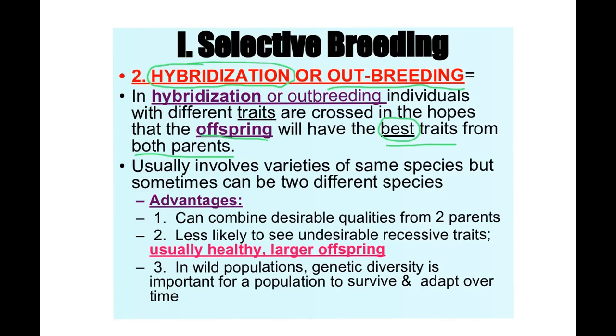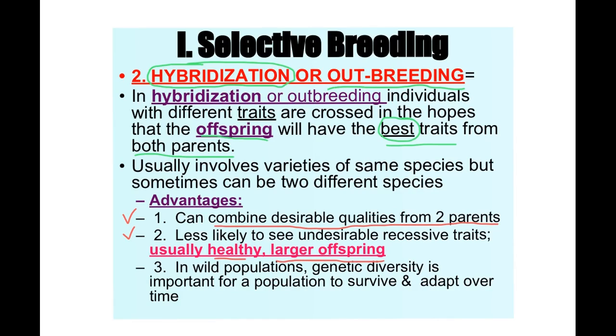Now, what are the advantages? Number one, if you're lucky, you can combine the desirable qualities from two different parents. So in the example I just mentioned, you might be able to get plants that produce very good tasting strawberries, and they're able to survive cold temperatures. Number two, these organisms, these plants, these animals are usually healthier and larger.